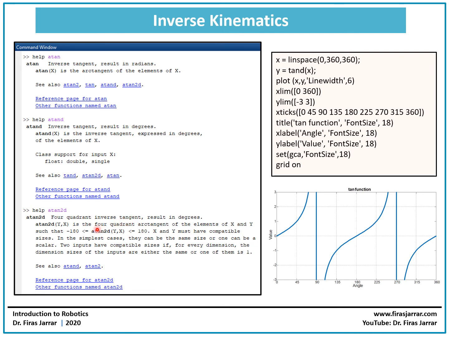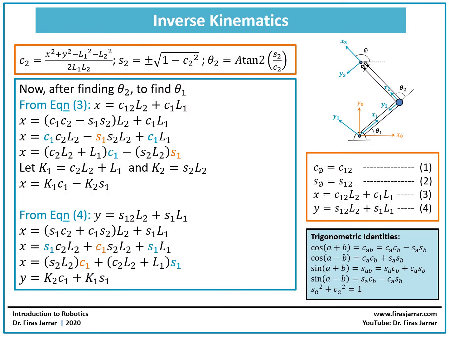It will give you both the angle and the exact quadrant based on y and x, where y and x are really the sine and cosine, because tan is basically sine over cosine. We will see an example with numbers later on to see how this makes sense. So we were able to find cosine theta 2, sine theta 2, and the angle itself using the atan2 function.